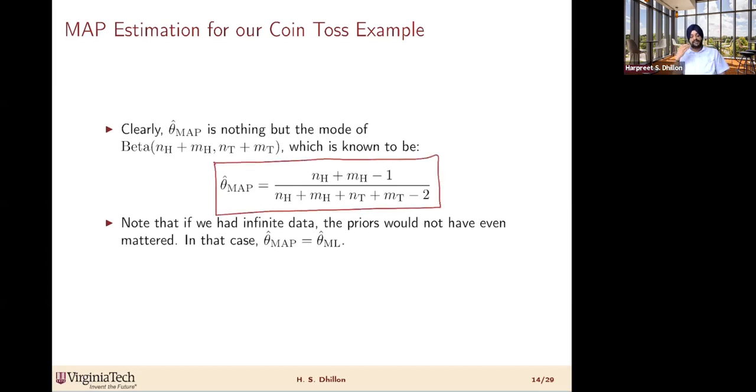Now, if you had infinite data, and you can check this very quickly, then this MAP estimate will approach the ML estimate, because priors would not matter once your data set is extremely large. So the importance of priors will keep on going down and down. Okay, so nothing really special about this specific form of the MAP. I just wanted to show a couple of examples so that people know what we are talking about.